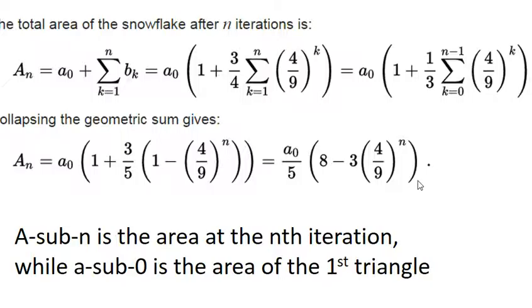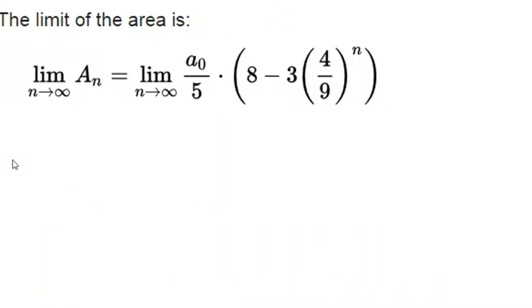So a sub 0 is just the area of the original triangle. And then capital A sub n is the area at the end stage. So what happens as n goes to infinity? Well, something nice happens. Let's think about this term. It's less than 1. Now think about an easier number, like 1/2.